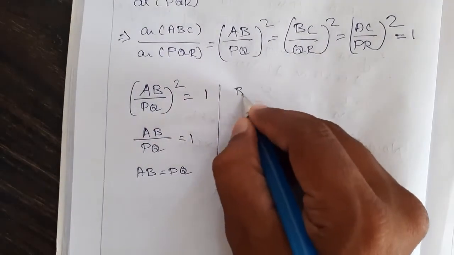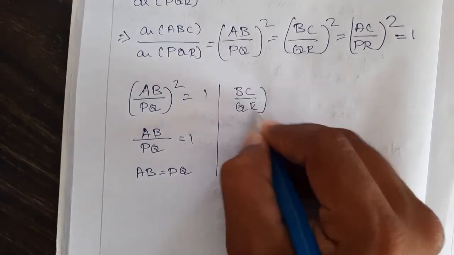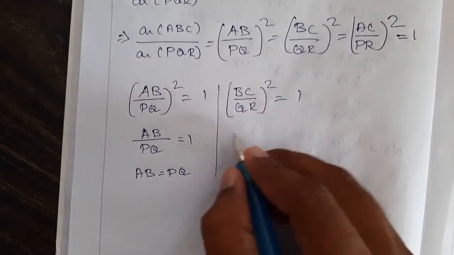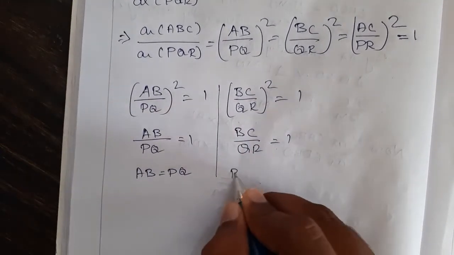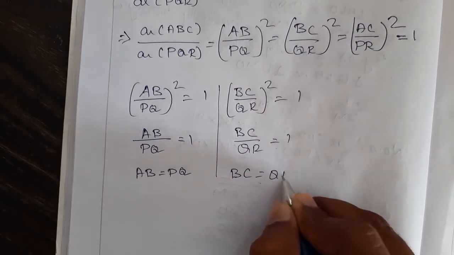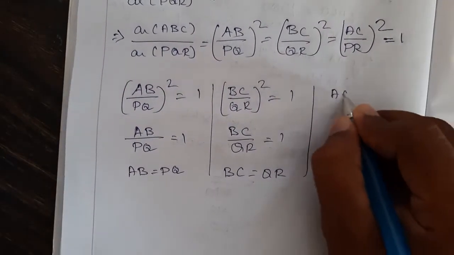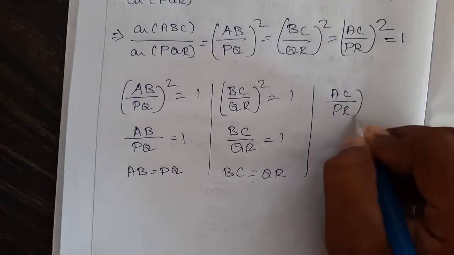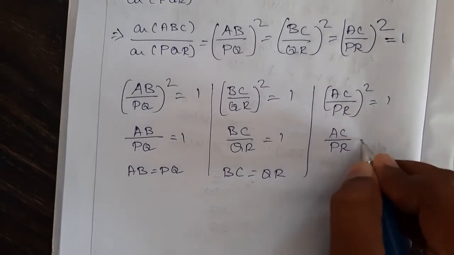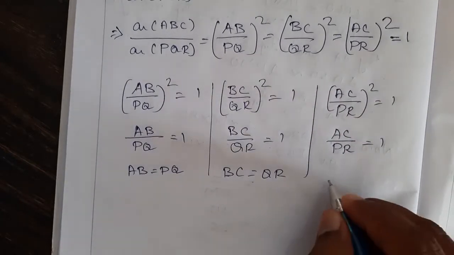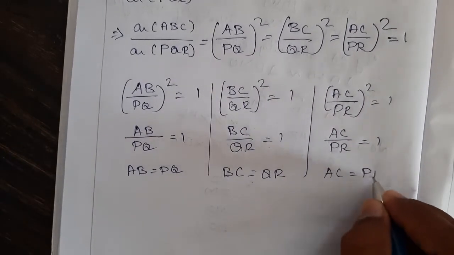So here it is also the same. BC by QR the whole square is equal to 1. By taking the square root, we can say BC by QR is equal to 1 and BC is equal to QR. And the third side, AC by PR the whole square is equal to 1. So taking the square root, AC is equal to PR.